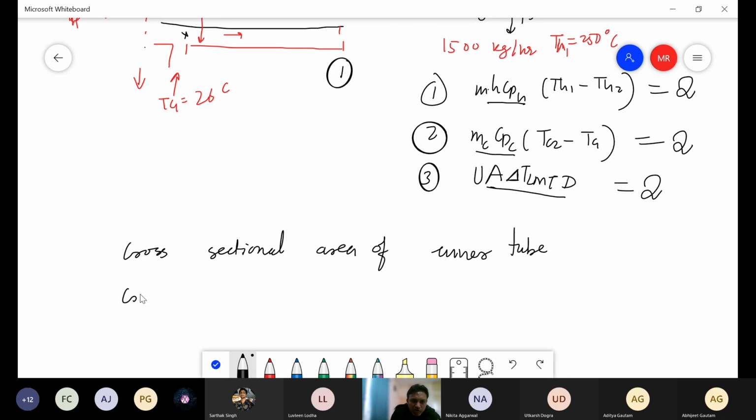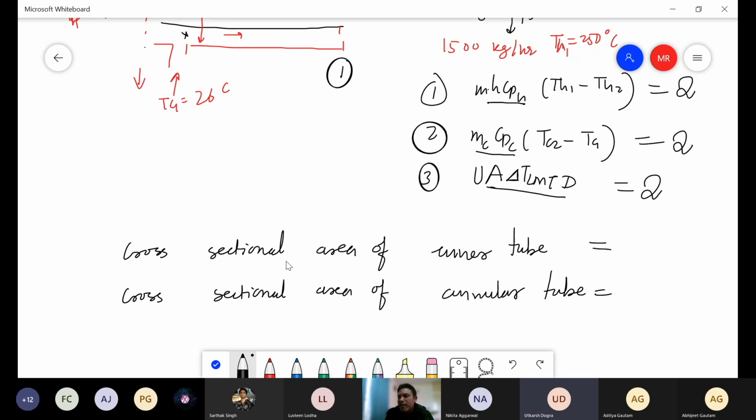Similarly, we can calculate the cross-sectional area of the annular tube. Both of these we can calculate, and then we can calculate the Reynolds number. Maybe we can continue this in the next tutorial class, because it relates to whatever we are going to cover in the next class. So let's not cover this part further. We will stop here, but we will continue this problem in the next tutorial.